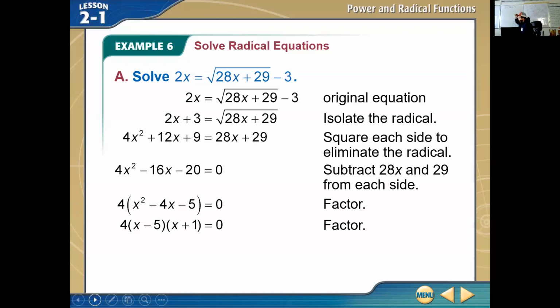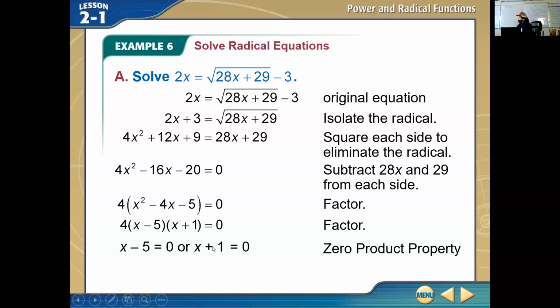The zero product property states that since this is all equivalent to 0, one of these terms or both of these terms have to be set equal to 0. So we're going to set each one of them individually to 0 and solve. x minus 5 equal to 0 solves to x equals 5. x plus 1 set equal to 0, solving for x comes to x equals negative 1.